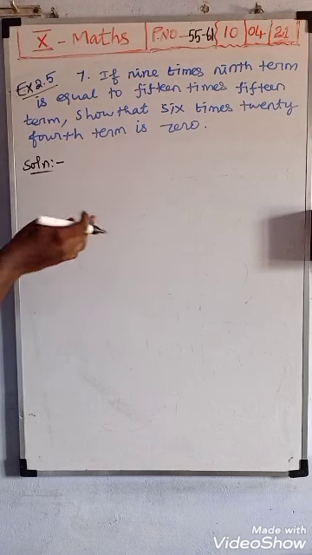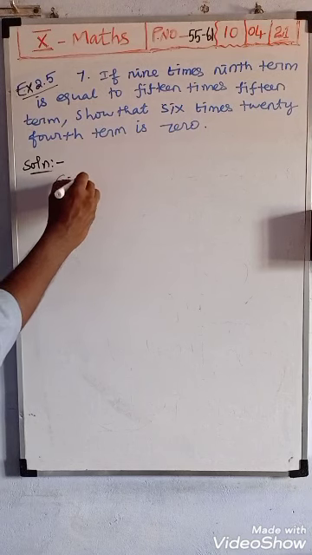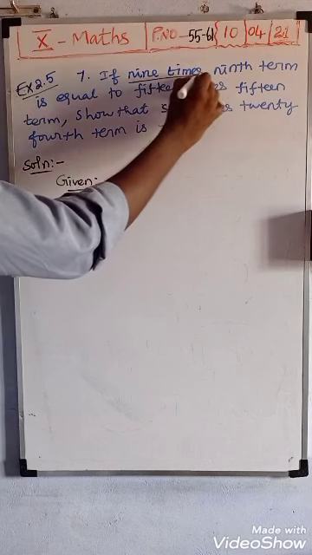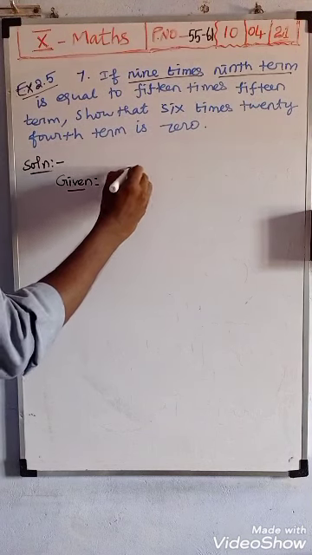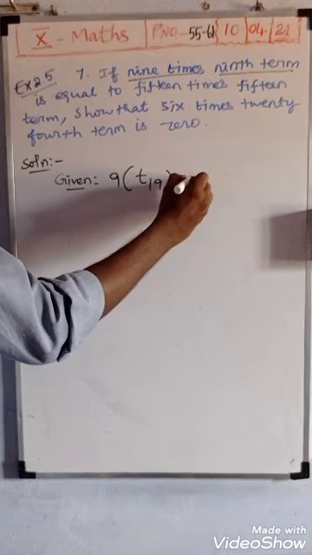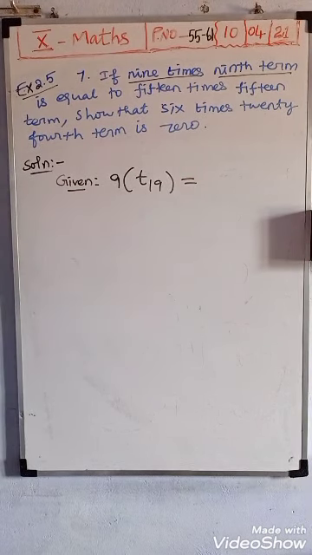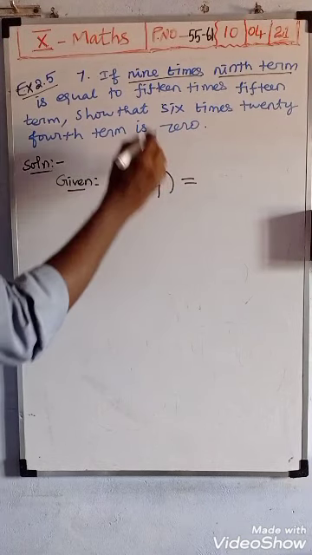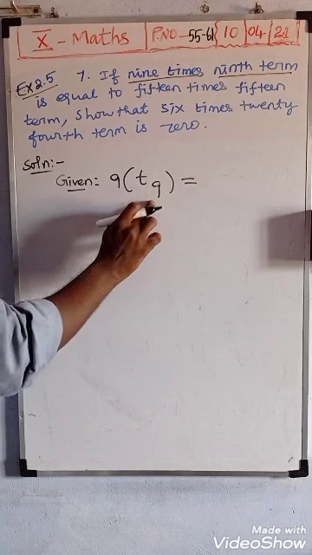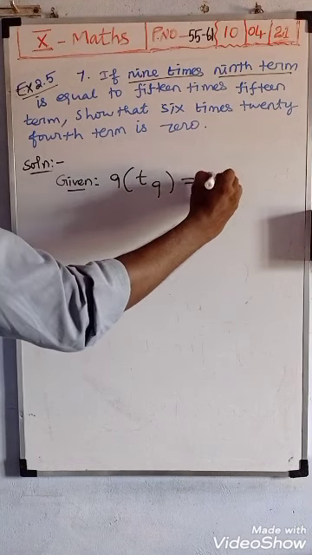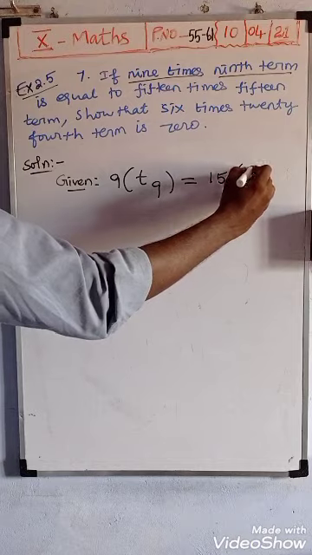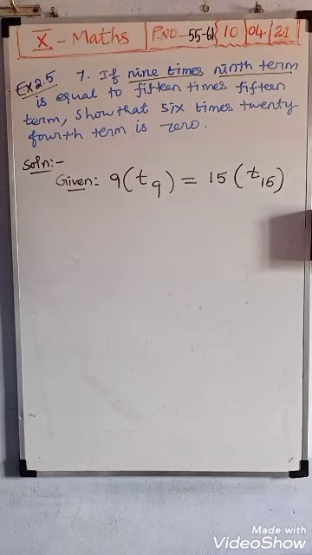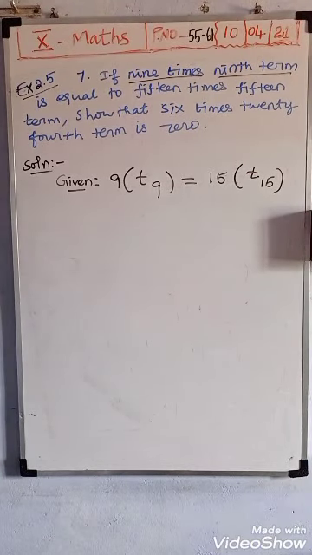According to the given condition, you should change it and write it in notation form. What is given is 9 times the 9th term, so 9 of T9 is equal to 15 times the 15th term, 15 of T15.